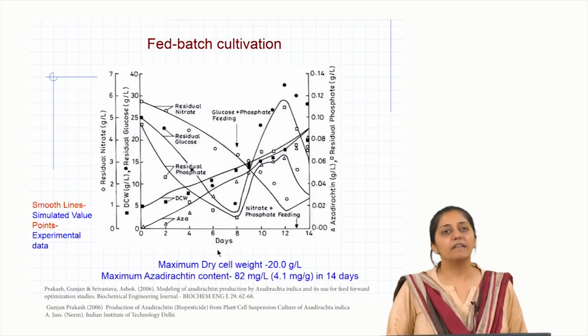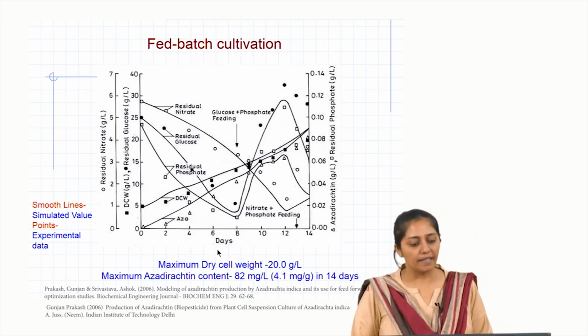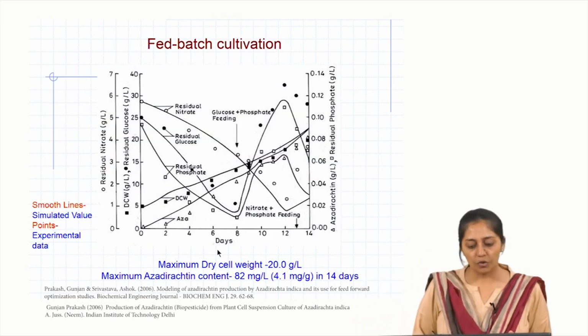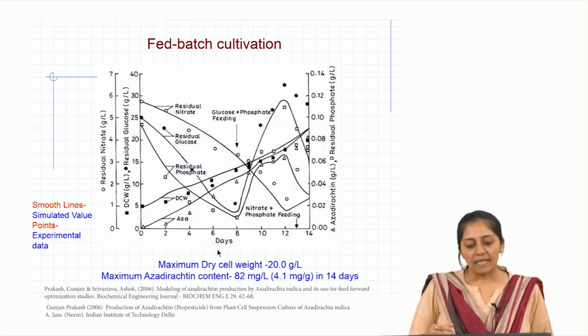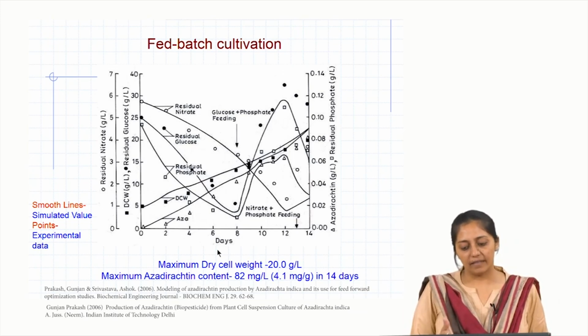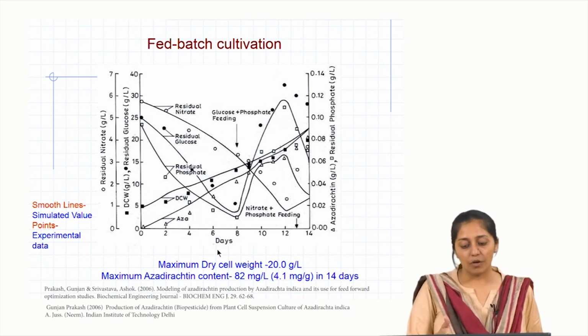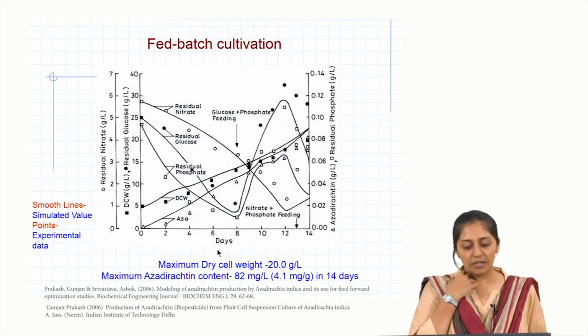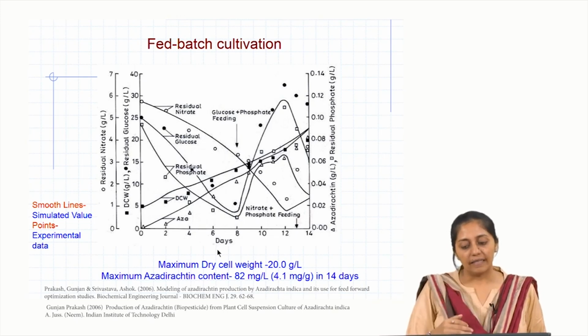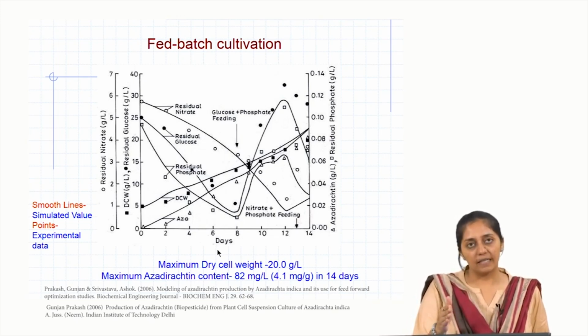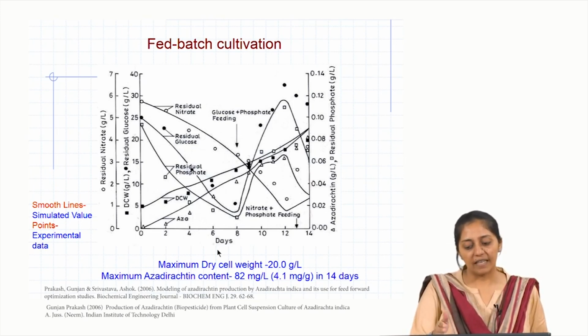If you see the kinetics here, the plot shows that as the feeding started from the 8th day, you can see the residual nitrate, phosphate and glucose concentrations getting high, and then gradually the biomass increasing and the azadirachtin also increasing.